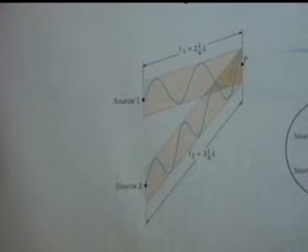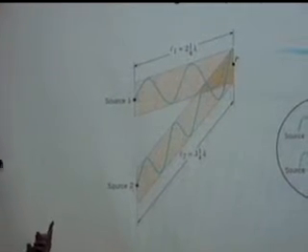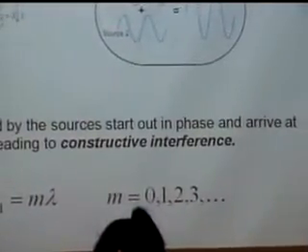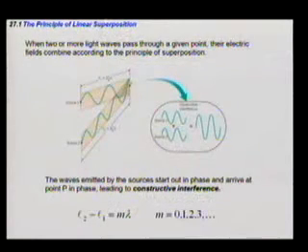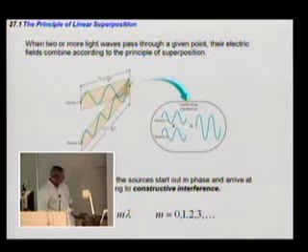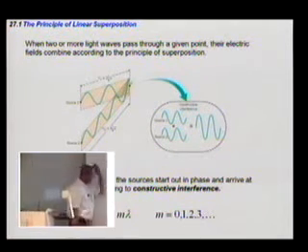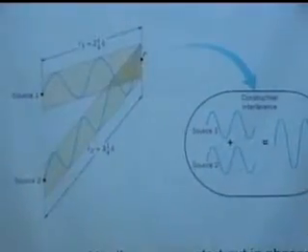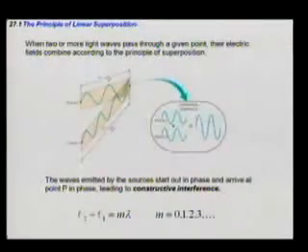When you subtract those two, you get a nice number, 1. It will always be an integer: 0, 1, 2, 3. That's constructive interference. So if this was a green light and this was a green light, and you're right here on that screen, you're going to see a green light.